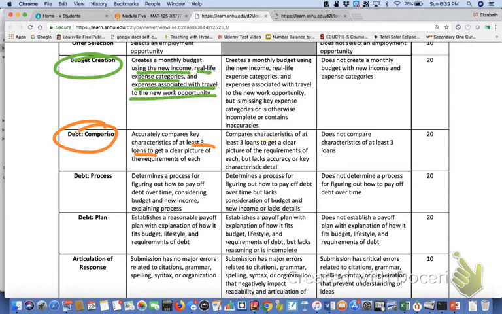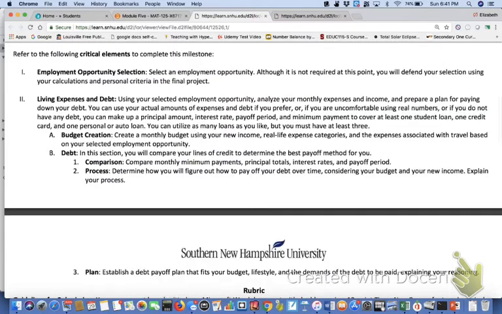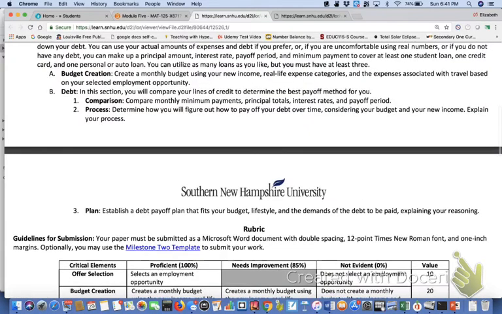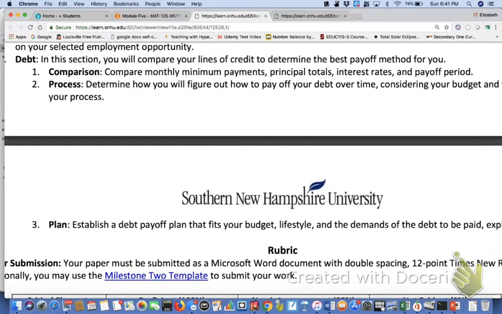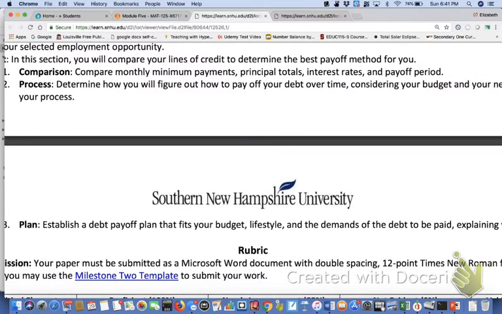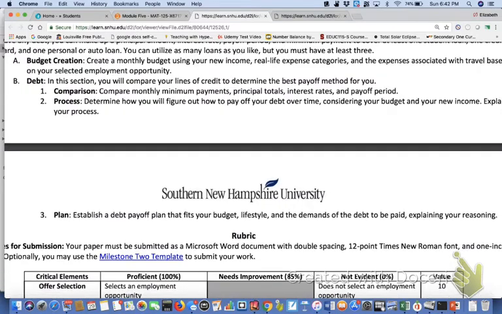The other thing I want to point out, and I'm actually going to go back up to the prompt for this, is underneath debt where it says number 2 and number 3, process and plan. So the process here, determine how you will figure out how to pay off your debt. Okay? So I want you to really realize what that's saying. Determine how you're going to figure it out.